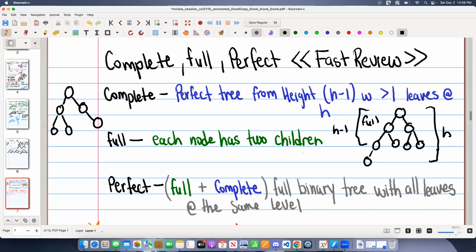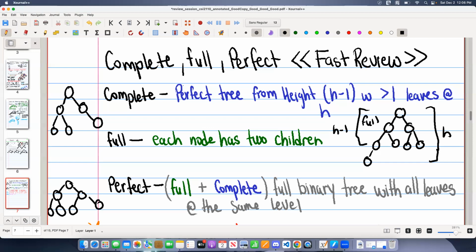It's a full binary tree with all leaves at the same level. Something like this would not be perfect. Something like this would not be perfect. That's still not perfect, and it's also not complete. And then this is perfect.